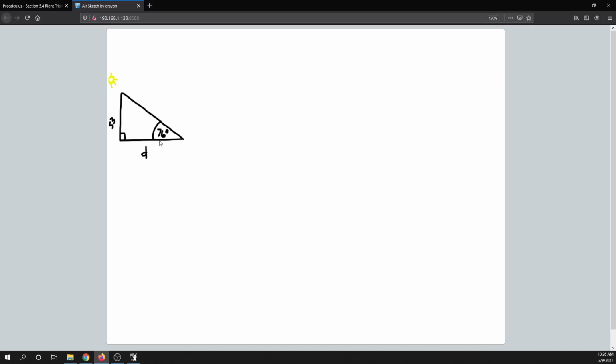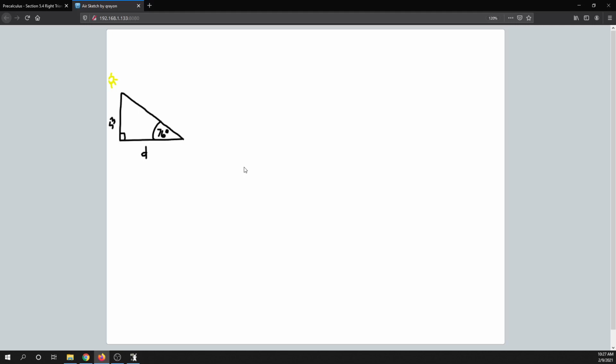For 76 degrees, 53 would be the opposite side. It's the leg that doesn't form one of the sides of the angle. And the distance that we're trying to find, D, is the adjacent side to 76. It's the leg that actually forms part of that angle. So opposite and adjacent is what we've got.